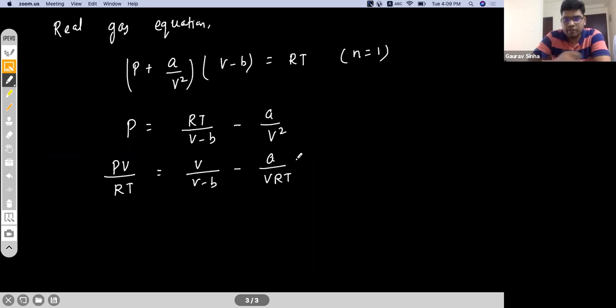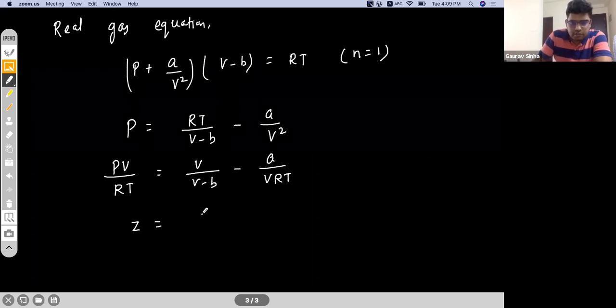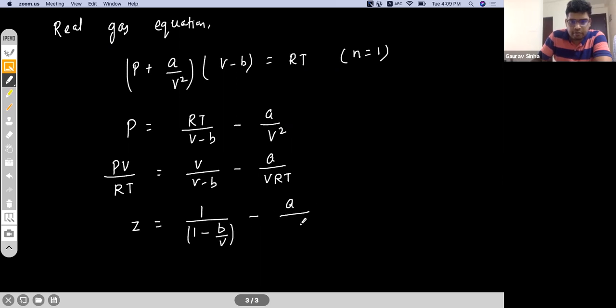Just multiply by V by RT, so RT will get cancelled, and this V and V will get cancelled, we'll have V in the denominator here. So PV by RT is nothing but Z, compressibility factor. So this is Z is equals to, this further we'll write 1 by 1 minus B by V minus A by V RT. Okay.